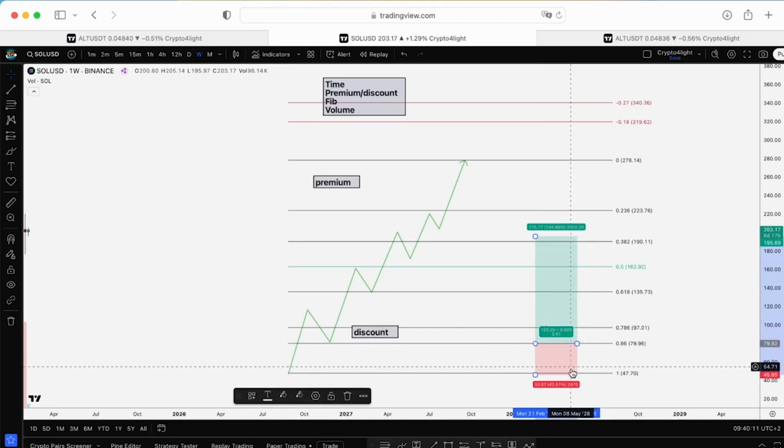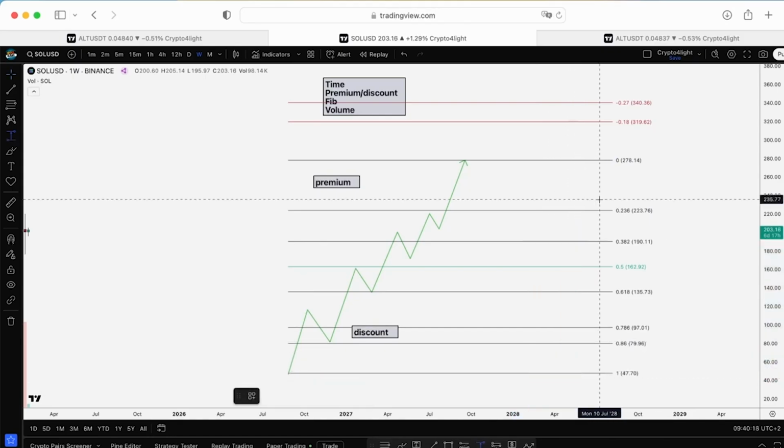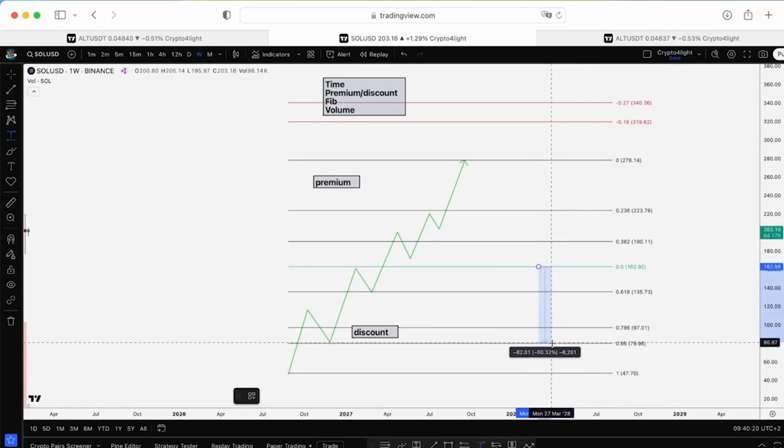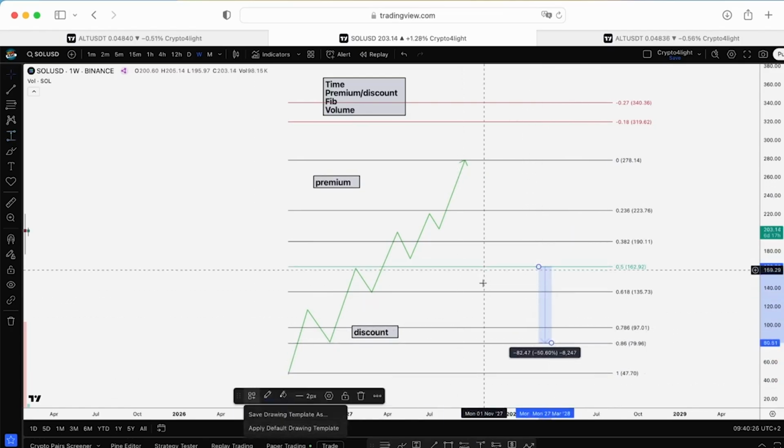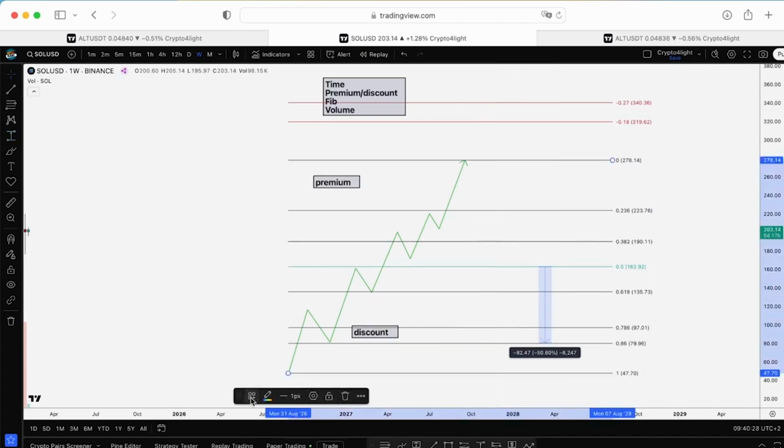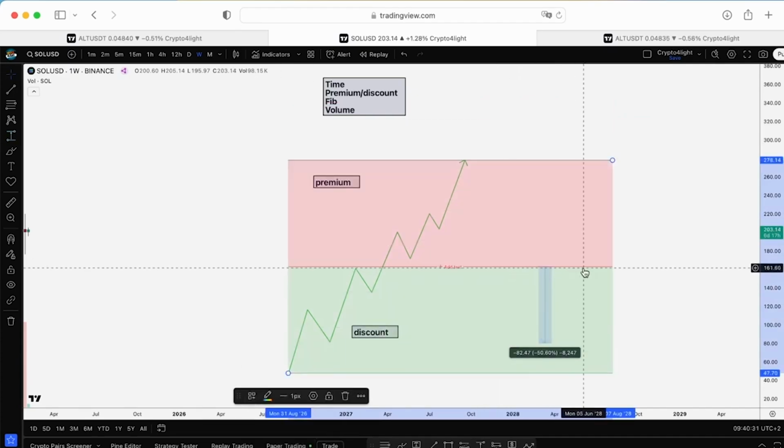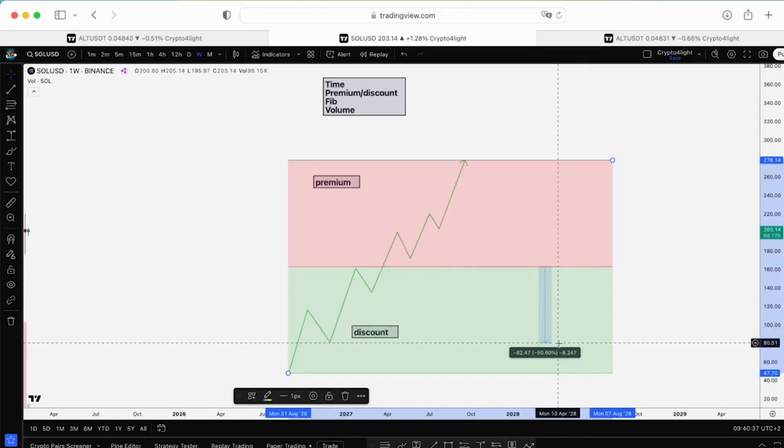Of course, in this example it's a huge stop loss, right? So it's just an example. Take a look: in the discount zone you can save like 50%. That's why, guys, even the discount zone can be different. This is a comfortable price to buy in the discount zone, and this is a comfortable price. But the difference between the equilibrium and the 86 level by FIB is 50%.